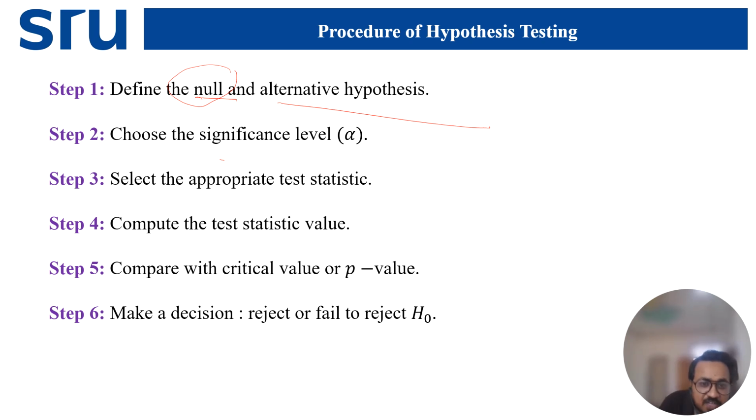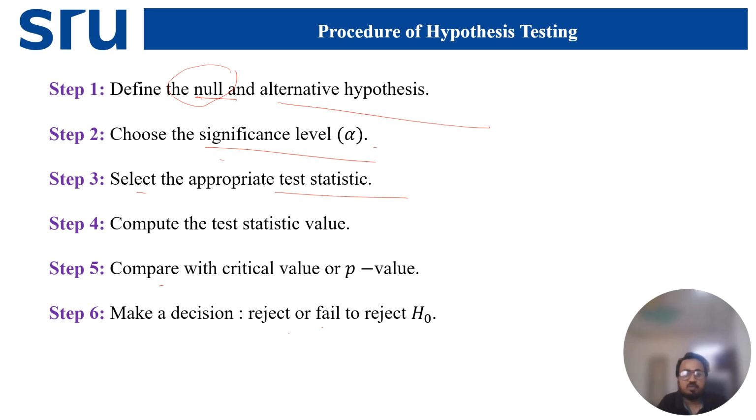Then we will choose the significance level for the one tail test and two tail test. Then select the appropriate test statistic, which will be discussed later, and then we will compute the test statistic value. Then we will compare this value with the critical value, right? Then we will decide whether to reject or fail to reject H naught. Fail to reject means what? Accept the null hypothesis. Okay.